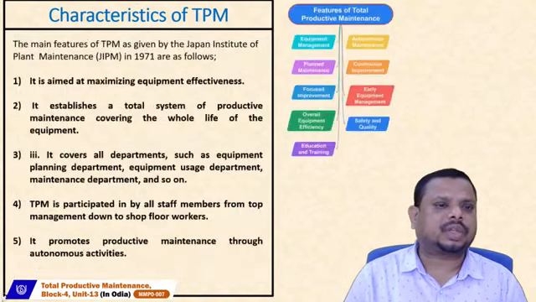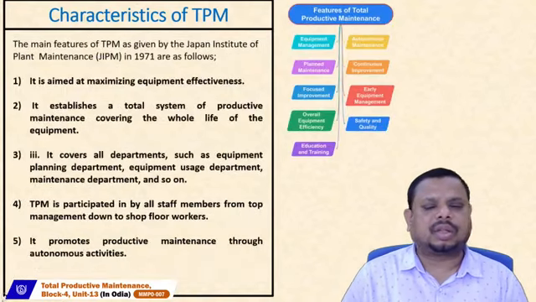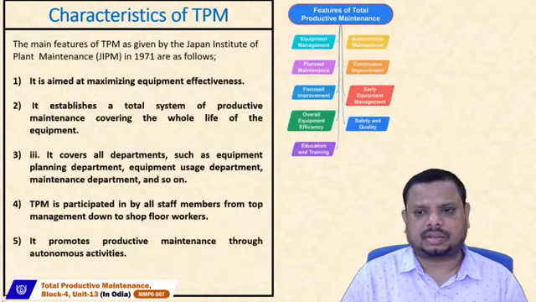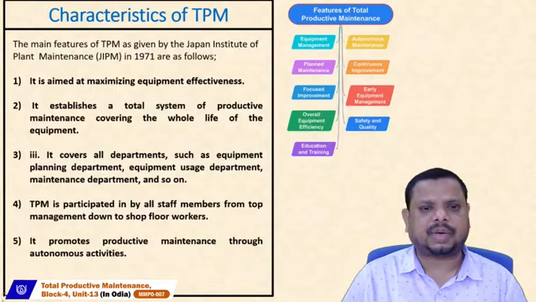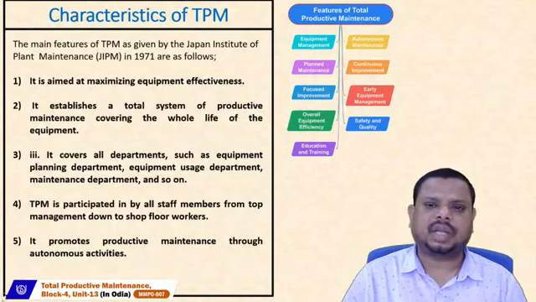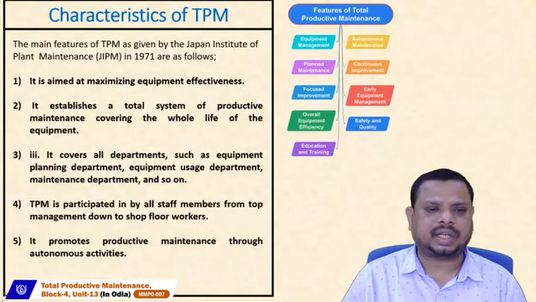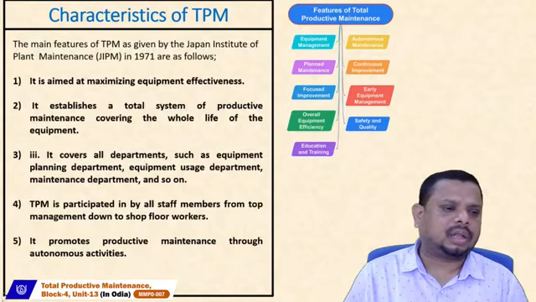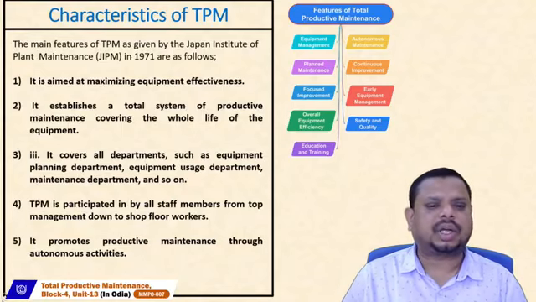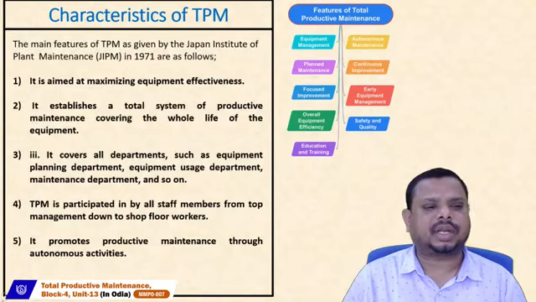Moving to the next one. The next one is the main features of this TPM by the Japan Institute of Plant Maintenance, shortly known as JIPM, in the year 1971, which are as follows. The first one is it is aimed at maximizing equipment effectiveness. I will elaborate one by one. The next one is it establishes the Toyota system of productivity maintenance covering the whole life of the equipment.